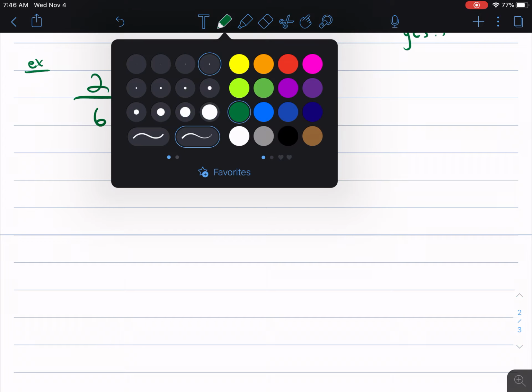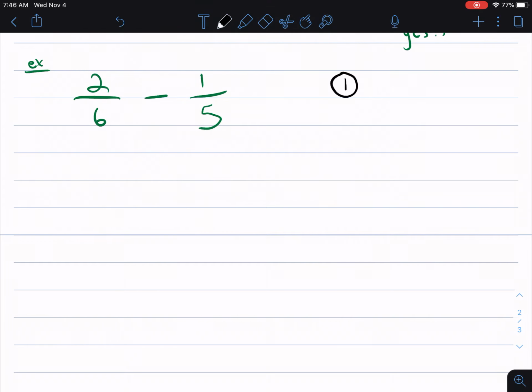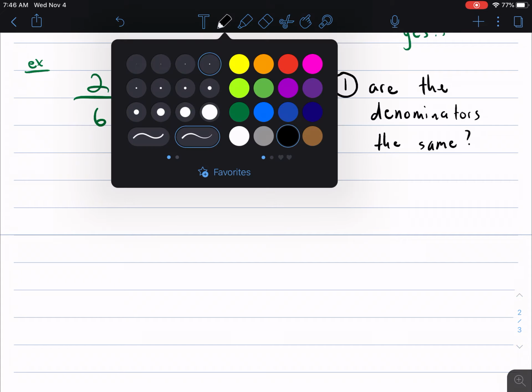Let's do another example. 2 over 6 minus 1 over 5. Remember, ask the question. Are the denominators the same? Los denominadores son iguales?